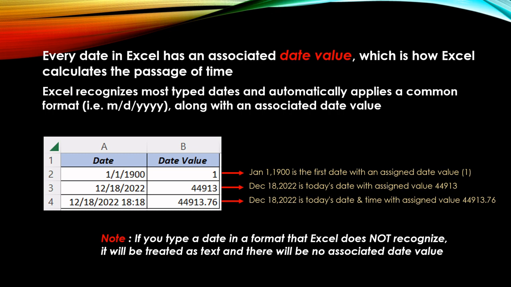In fact, 44913.76 equates to the evening of December 18, which is 76% of the way through the day. So you can get very granular, even down to the second, and that's how you can start working with very particular times in Excel, not just whole dates.